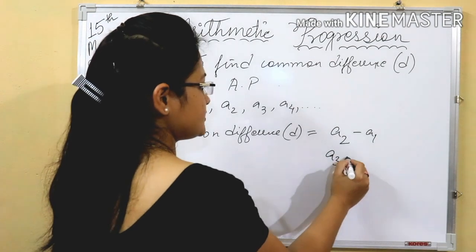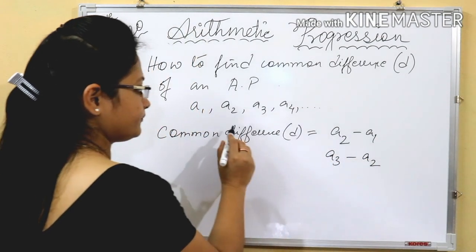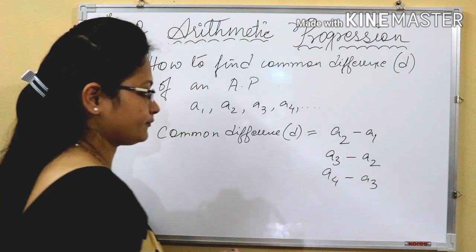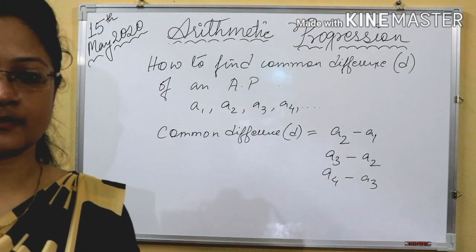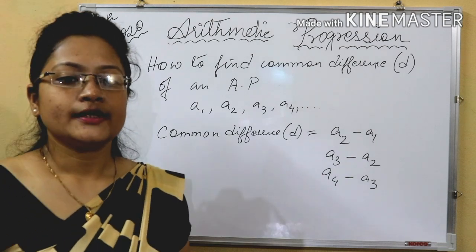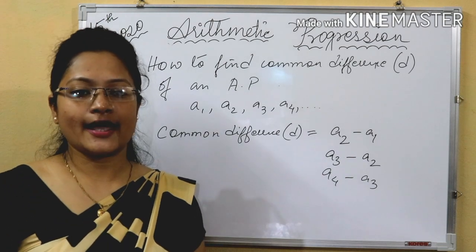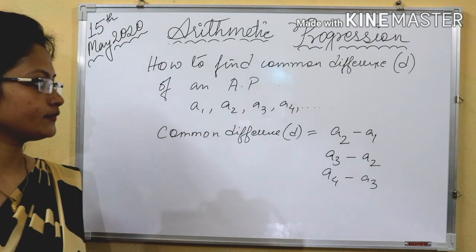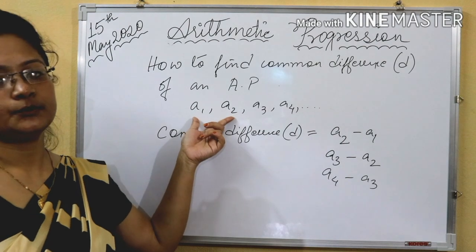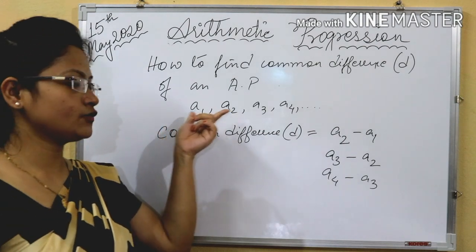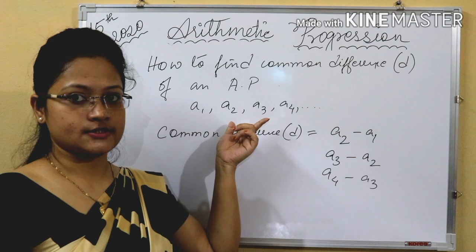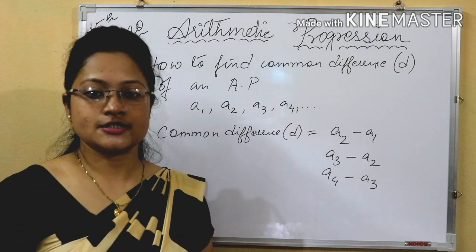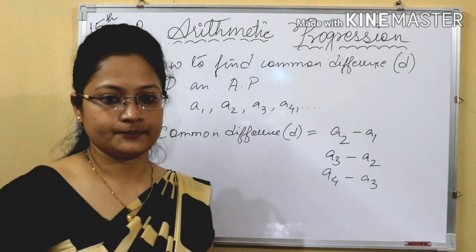Next, a3 minus a2, then a4 minus a3. So this is how to find the common difference. In an AP, the difference between any two consecutive terms is always constant. If it is not, then it is not an AP.